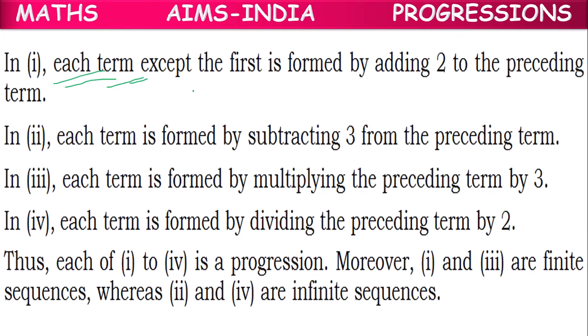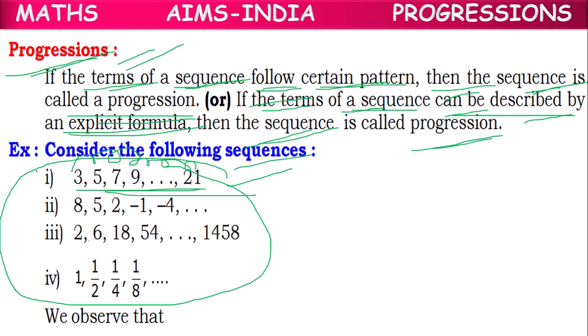Each term except the first is formed by adding 2 to the preceding term. 3 plus 2, 5, 5 plus 2, 7, 7 plus 2, 9, and so on, up to 21. So this sequence is having a definite formula, so it will be a progression.